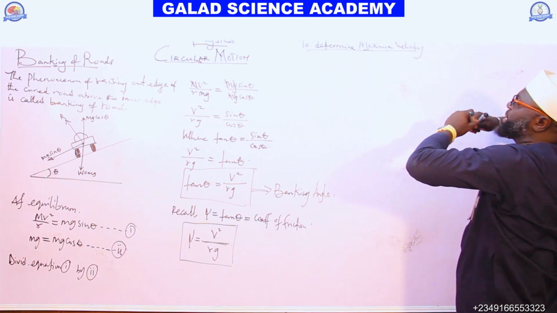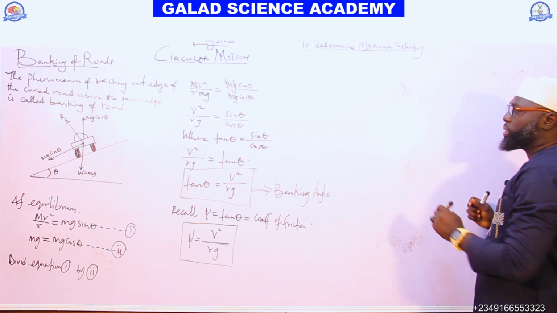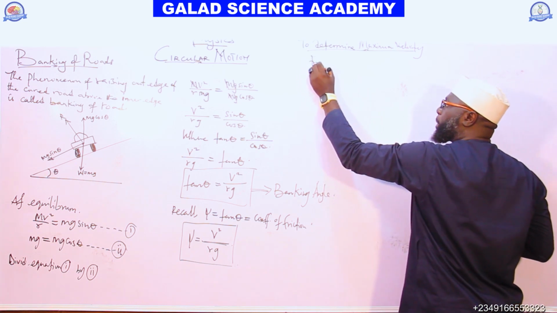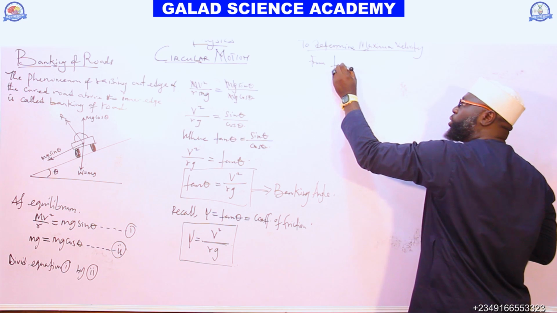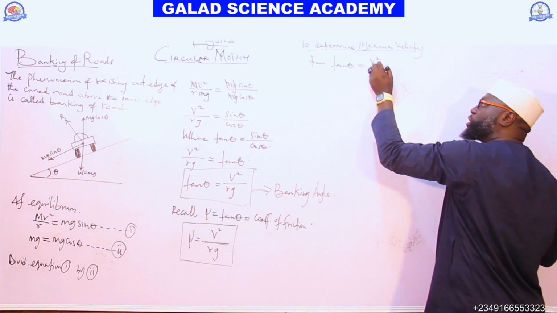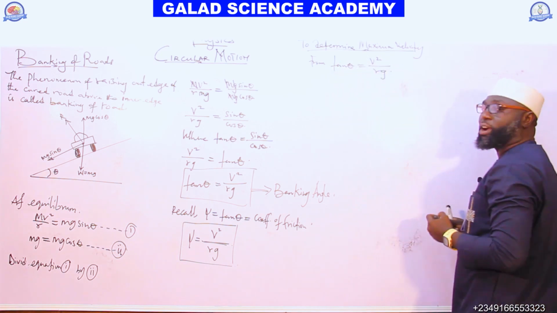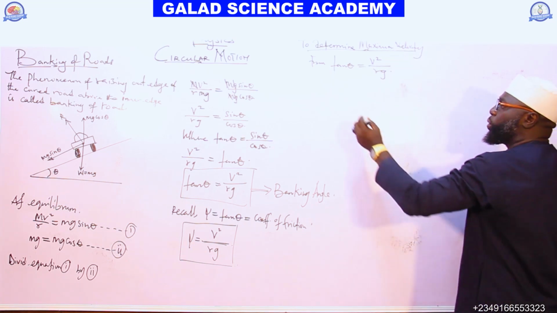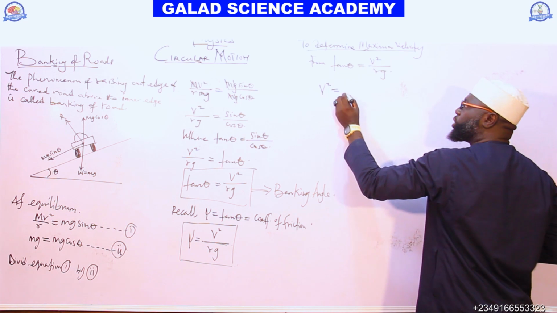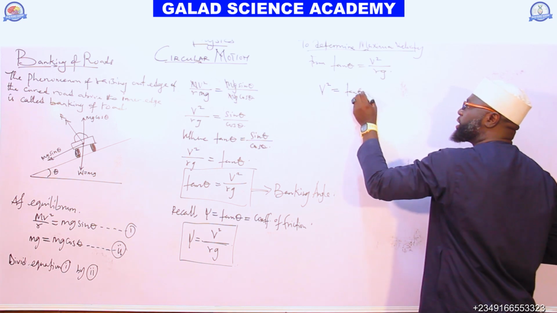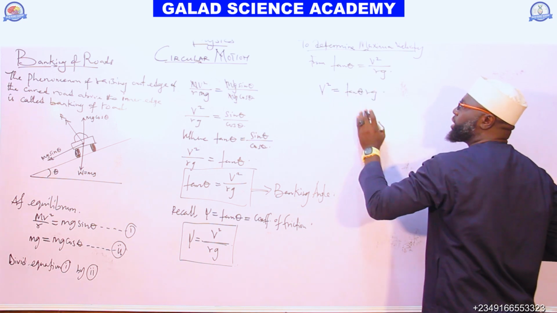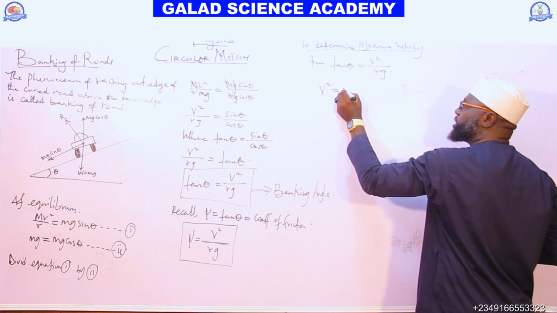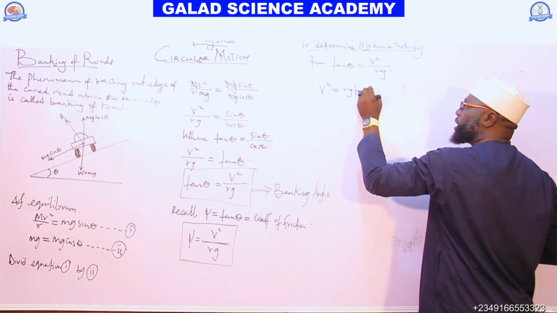So to determine the maximum velocity, from the bank angle, tan theta equals v squared over Rg. Let us make v squared the subject of the formula. What do we have? v squared equals Rg tan theta.